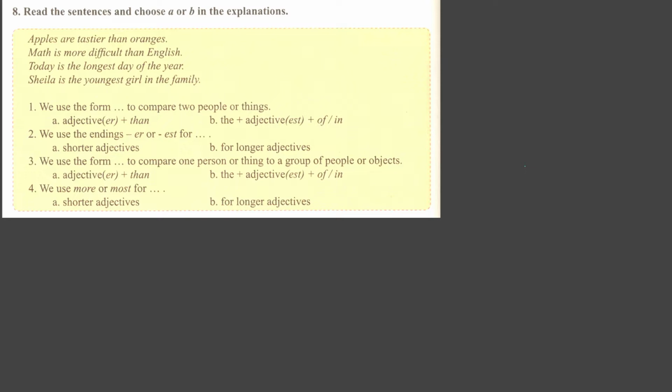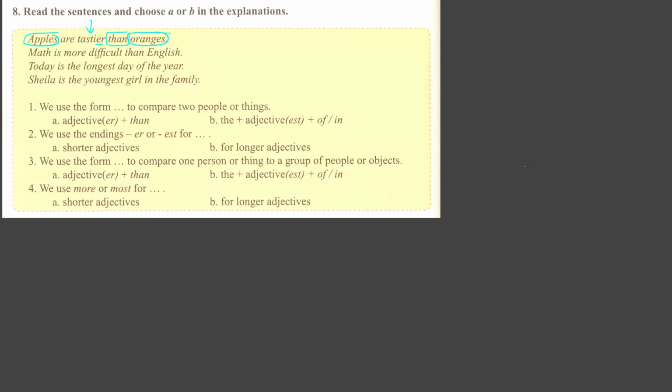So first we're going to read the example sentences. Apples are tastier than oranges. So in this sentence, the first thing I notice is that it has two different fruits, apples and oranges. Also, it has the word than, and then the adjective is tasty, and it's made into a comparative adjective by adding er.